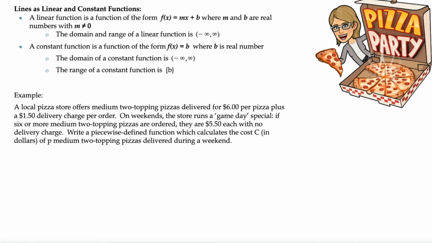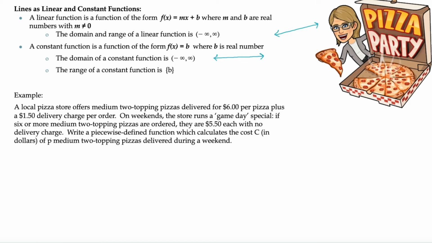Just some notes on linear lines with constant functions. We know that the linear line function is mx plus b. The domain, when we're looking at a linear line, is all real numbers because it continues left and right forever and ever. Also, if we have a constant function or a horizontal line, yes, we are still going left and right forever and ever, but our range is just the value itself.